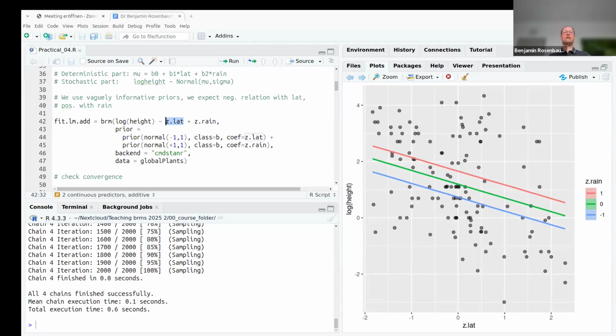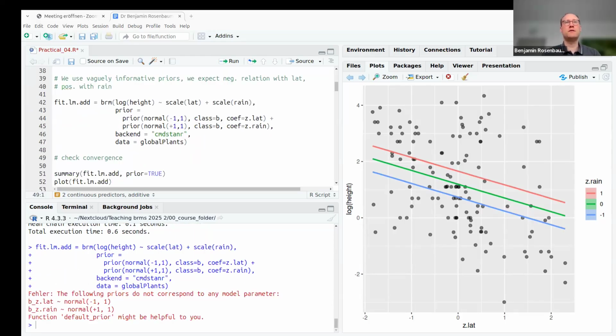So here I scaled the predictors first and then used them as new predictors in the model. And then the predictions have to be done with the scaled predictors as well. However, I can also directly write this like this: scale latitude plus scale rain. I quickly fit the model.